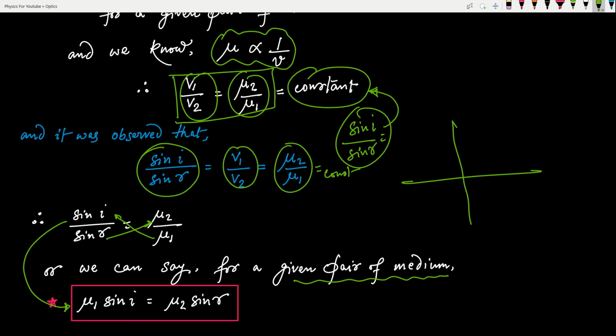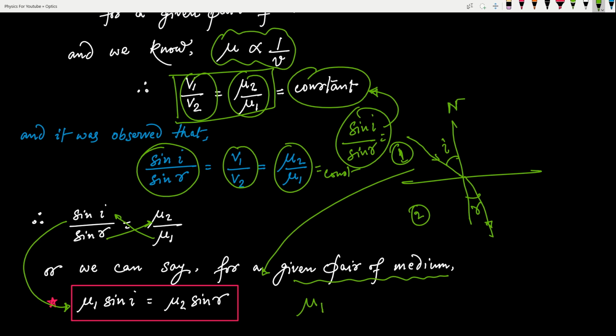Now let me draw this so that it's easy for you. This is the normal. Now this is the angle of incidence I, and this is the angle of refraction R. This is medium 1 and this is medium 2. Okay, the relationship says that, very easy, that refractive index of medium 1, that is this one, multiplied by sine of incidence that is happening in the medium 1, we multiply these two quantities, is equal to refractive index in medium 2, this one, and the sine angle that we are getting in the second medium.